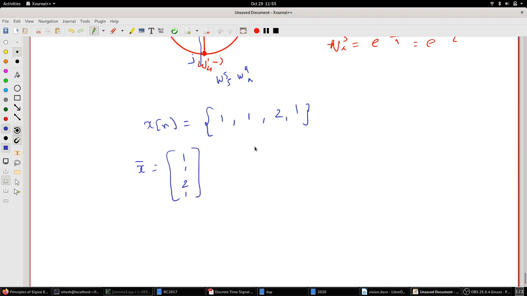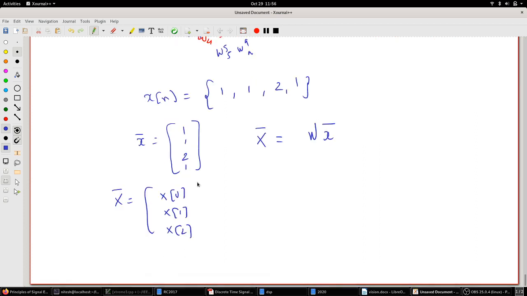Now my formula for DFT is X bar equal to W x bar. So X bar vector here means your X of 0, X of 1, X of 2 and X of 3. This is your DFT coefficient vector.